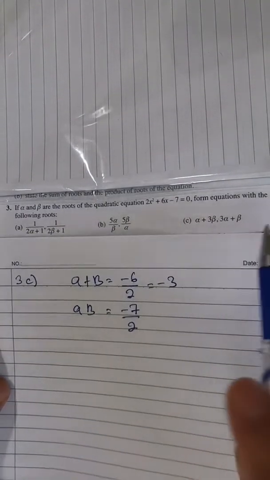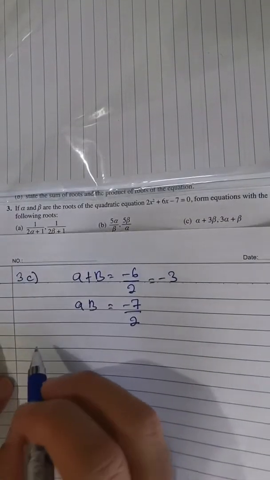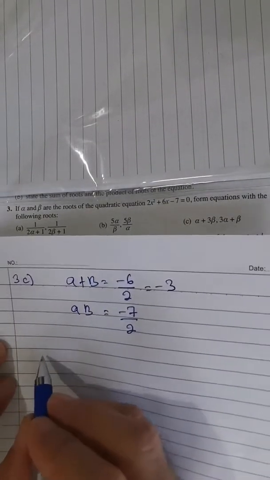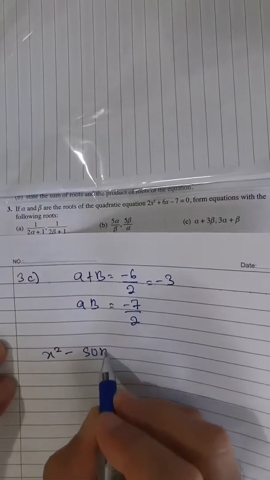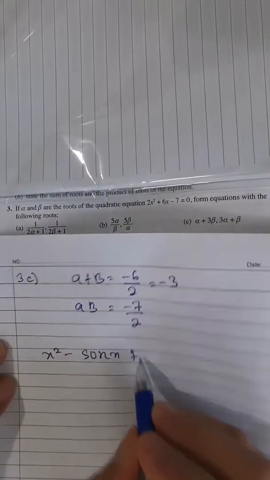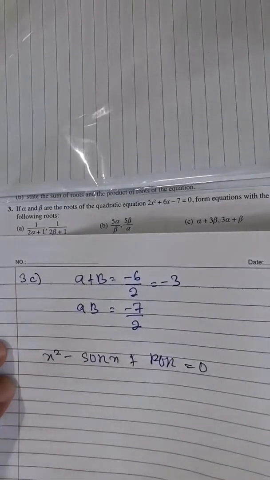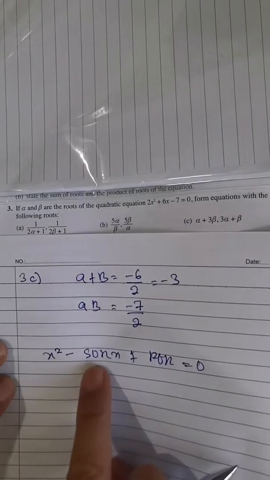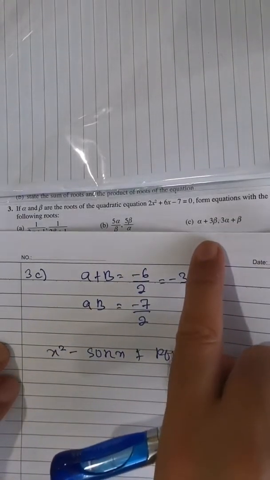And how do we form an equation with the roots? First, you have to know the equation is x squared minus the sum of roots x plus the product of roots equals 0. So we have to find the sum of roots and the product of roots.